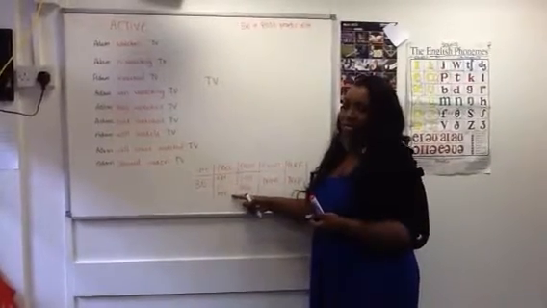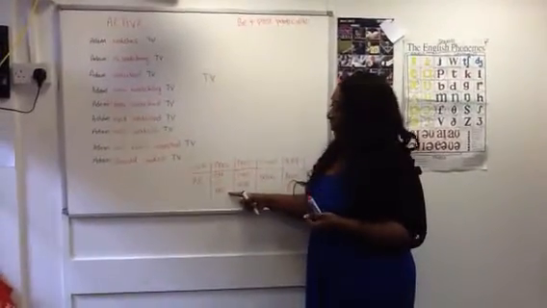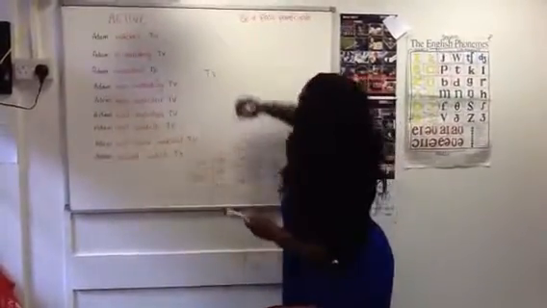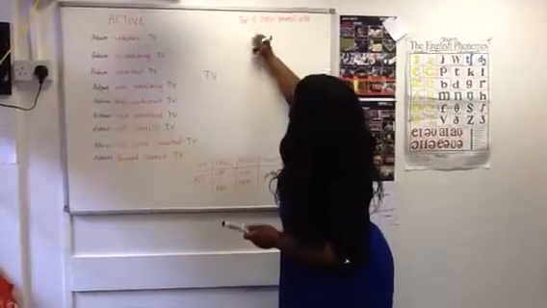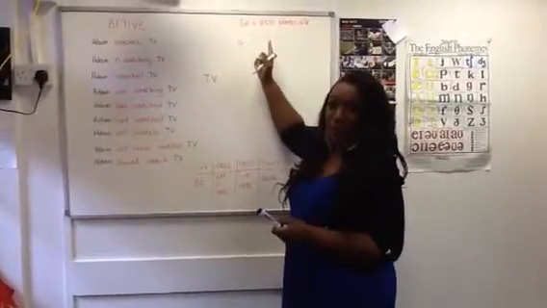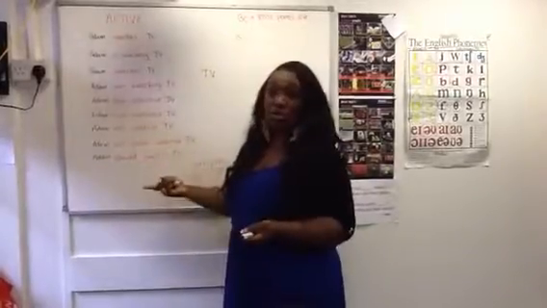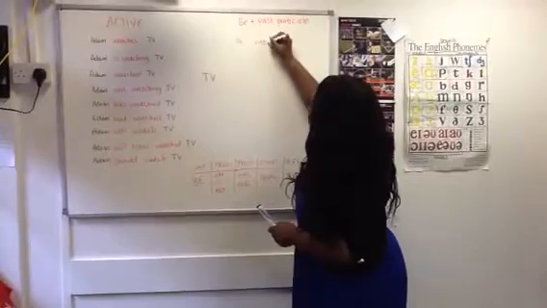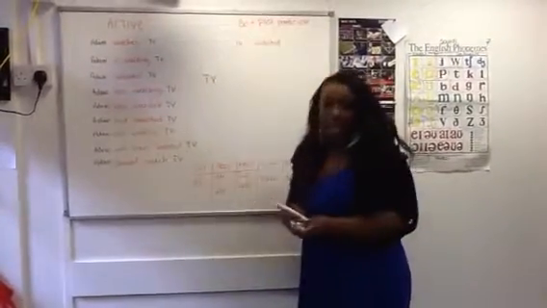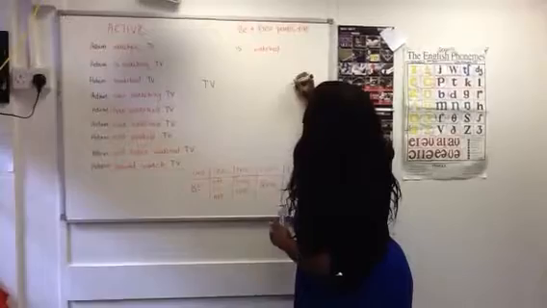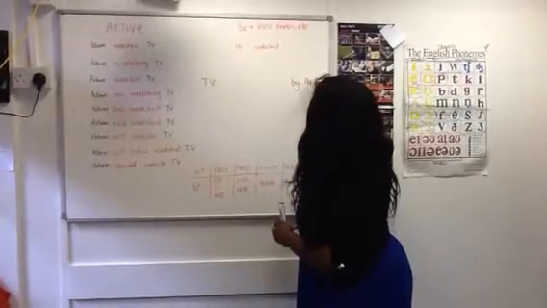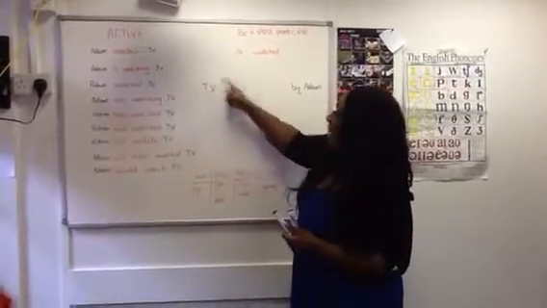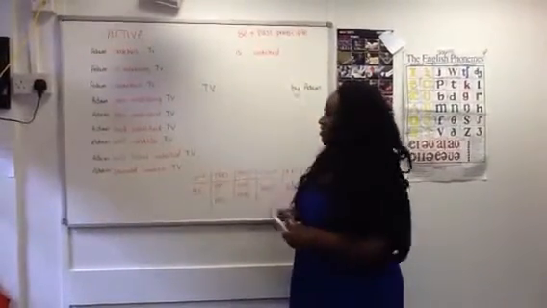TV, are, no, that's not correct either. TV, is, yes, that sounds right. So, TV, is. Then I use the past participle. Well, the verb is watch. The past participle of this regular verb is watched. If I want to include the agent, I will then say by Adam. So, the present simple passive is TV is watched by Adam.